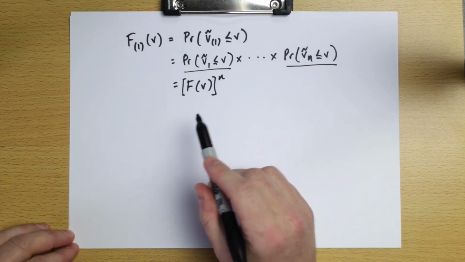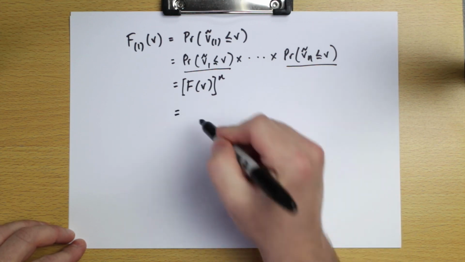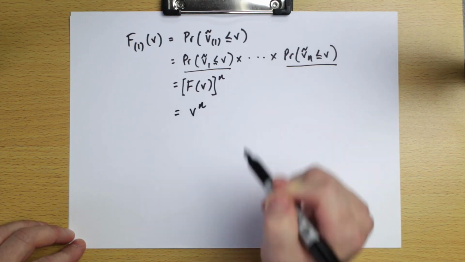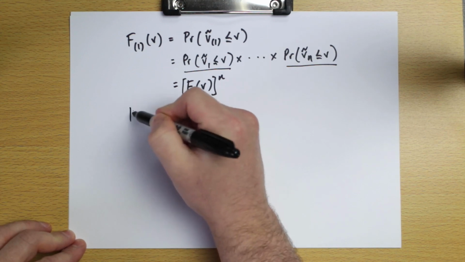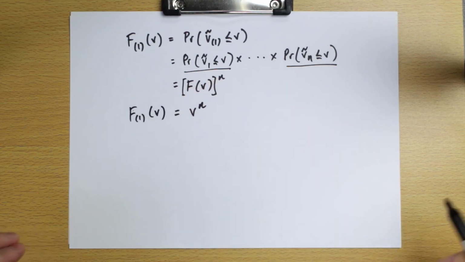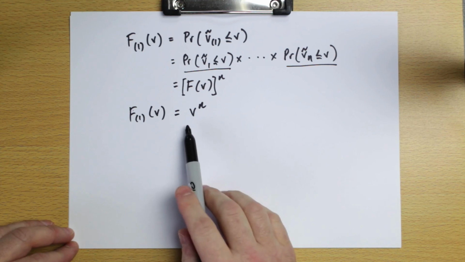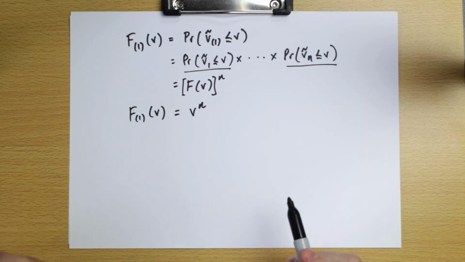And because we're dealing with a uniform random variable, we know that this is equal to v^n. Okay, so let me rewrite this here, F1 of v. For the uniform case, I now have the distribution function for our first order statistic.